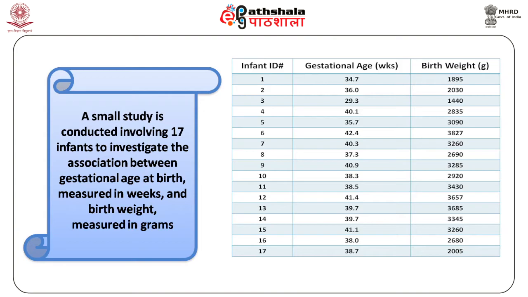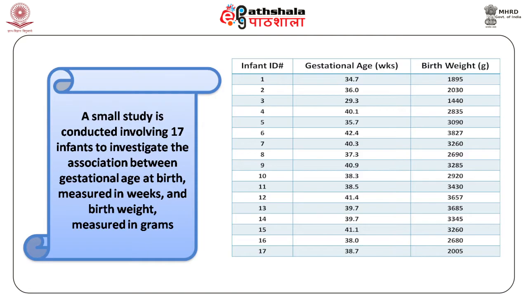We wish to estimate the association between gestational age and infant birth weight. In this example, birth weight is the dependent variable and gestational age is the independent variable. Thus, y equals birth weight and x equals gestational age.